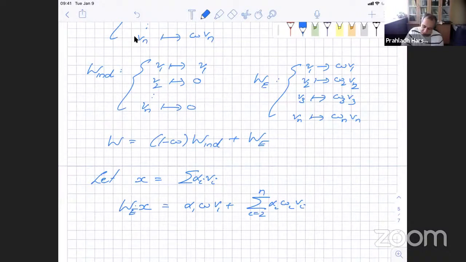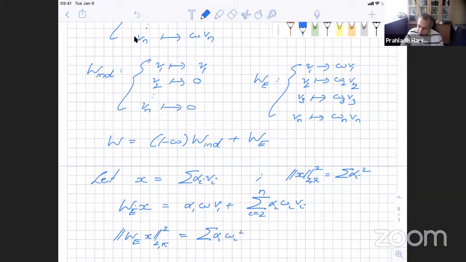So let's look at what, therefore, the norm of x in the 2 pi world was exactly summation alpha I square. What is WE x in the 2 pi world? This will be summation alpha I omega I square, I going from 2 to n, plus alpha 1 square omega square.